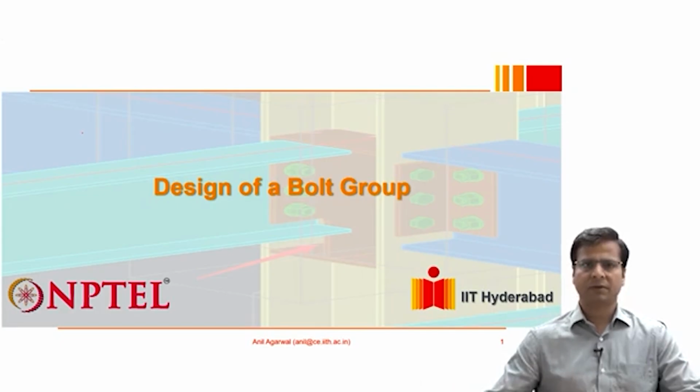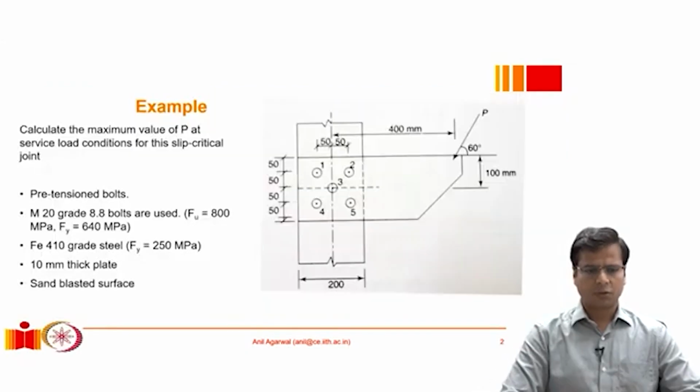So the first example we will take today is of the designing of a bolt group. So this is the example that we have taken. Here you may see this is a column which is supporting a bracket. The bracket has a load P acting at an angle of 60 degrees from horizontal. Okay.